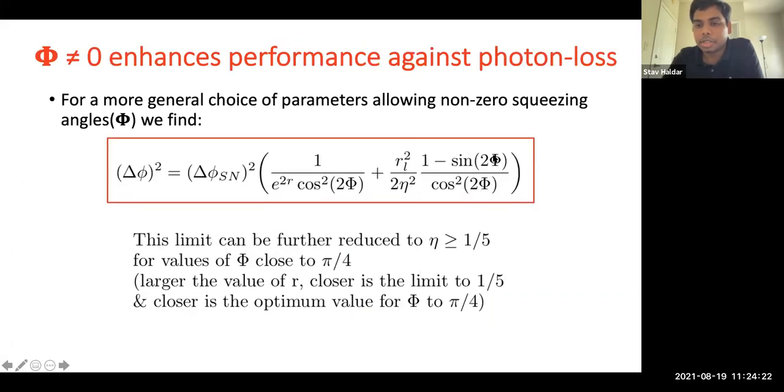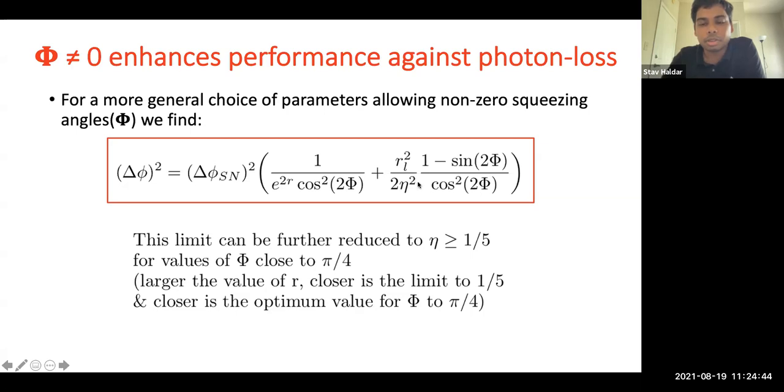But in this expression, this number can go down up to 1/2 for phi equal to pi by 4, and that would tell you that if you wanted phase sensitivity beyond the shot noise limit, even for eta square less than 1/3, you could achieve that.